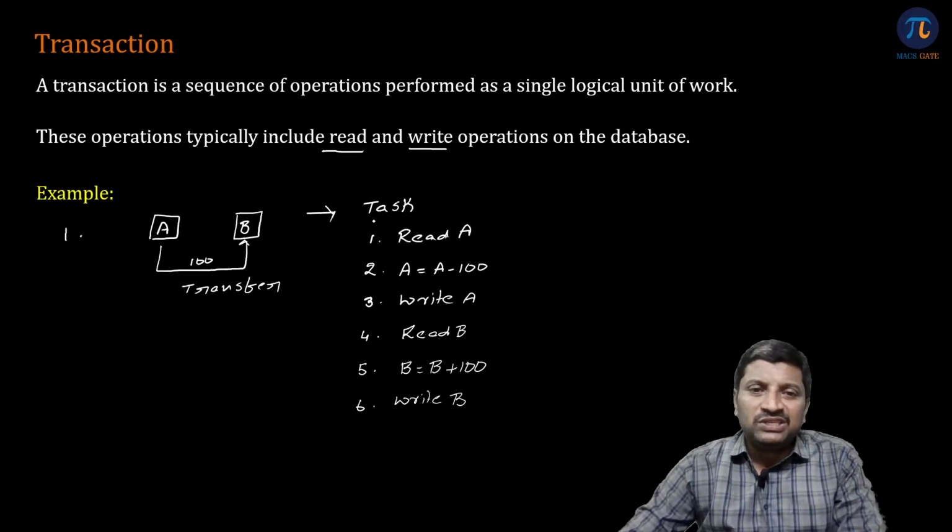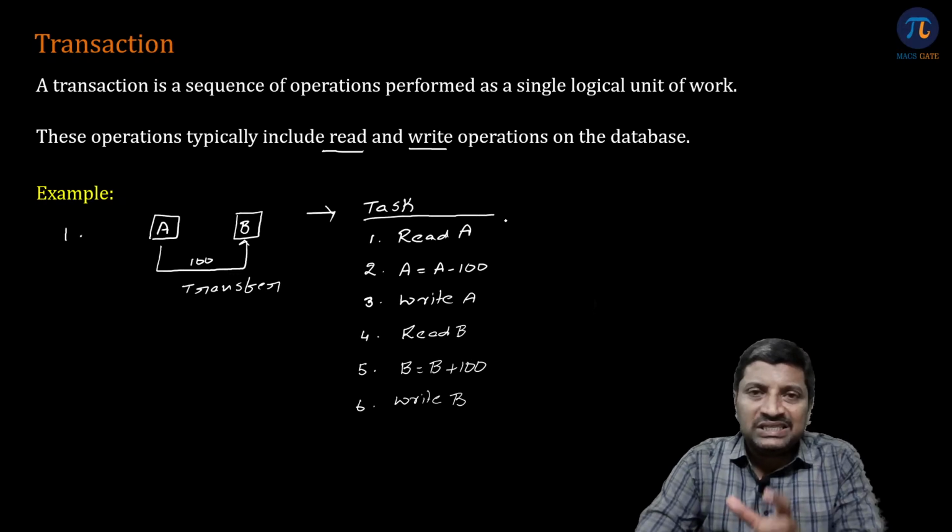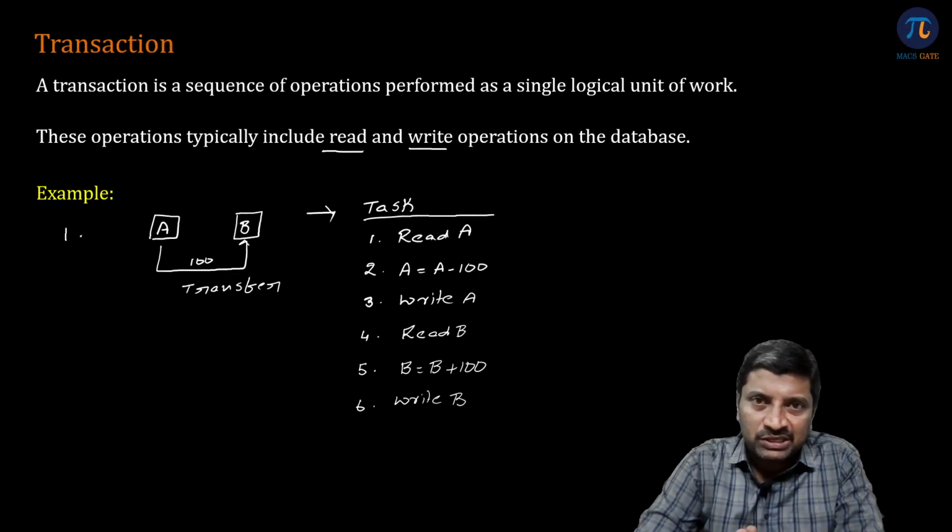So this is an example of a transaction. It is a sequence of operations which will complete a particular task, or perform a single logical unit of work. Hope you understood it.